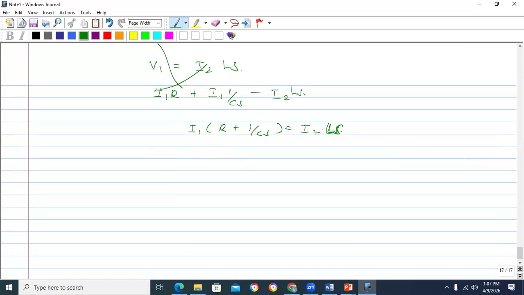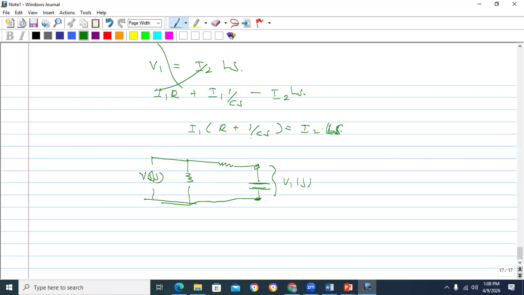It is somewhat like this. Actually, you do not need to write this equation. There is an inductor, there is a capacitor, and there is a resistor. This voltage is given, that is Vs, and you have to find this voltage, V1.